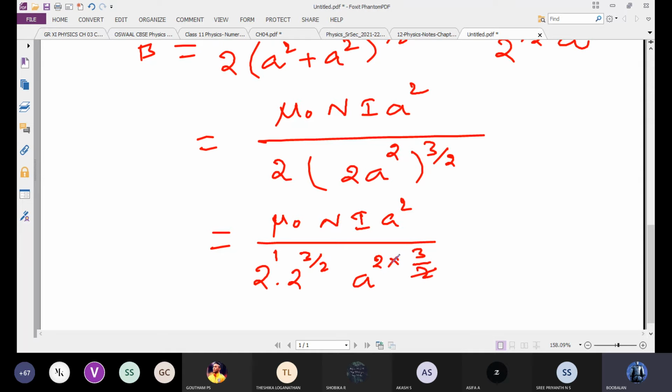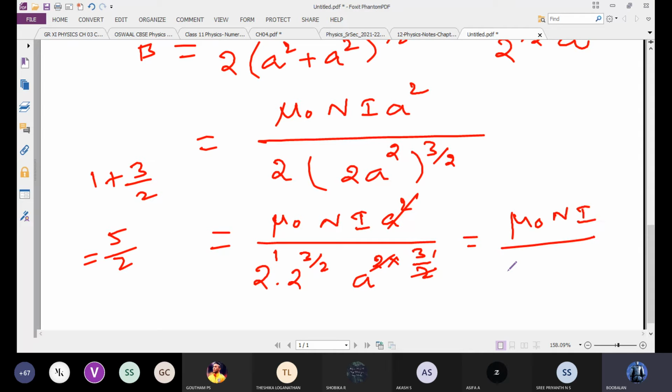So 2 cancel a cube. Base is equal, power should be added. So 1 plus 3 by 2 is 5 by 2. So a cube divided by a square is a. Cancel means remainder 1. Mu naught n I divided by 2 power 5 by 2 into a. So this is the answer.